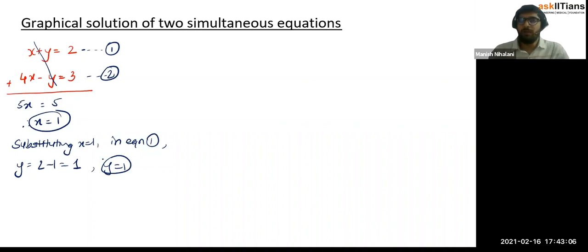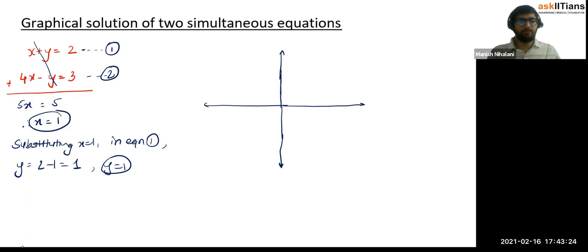Right. Now what do we mean by this graphically? If you remember, in the last class we talked about how one equation represents one line. When we talk about linear equations in two variables, you can plot them on graph paper. The first equation has 2 as the x-intercept and 2 as the y-intercept, because when you put x equal to 0 and y equal to 0, you get a straight line which is like this.